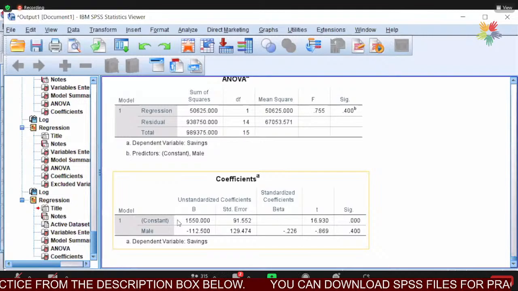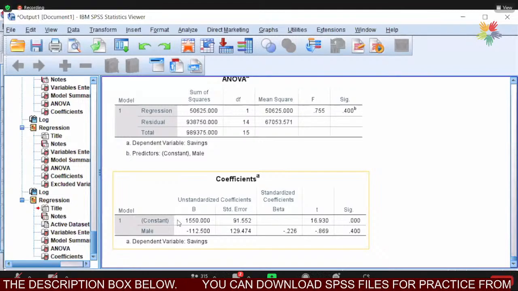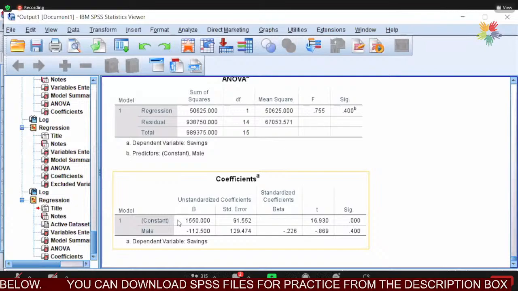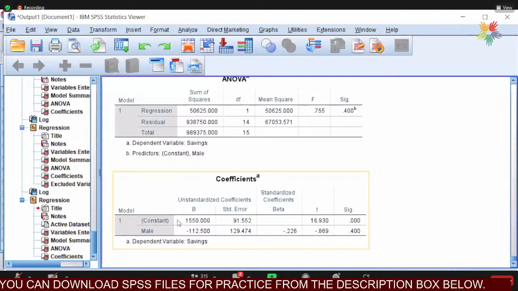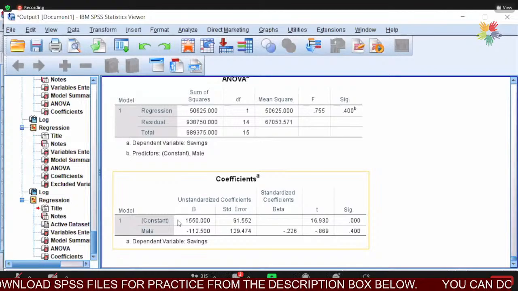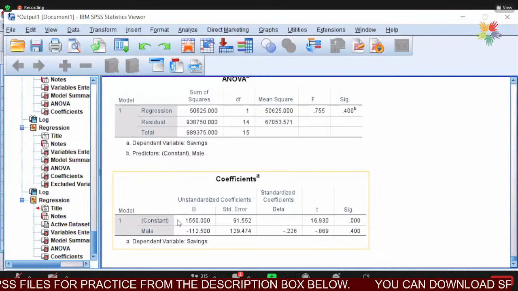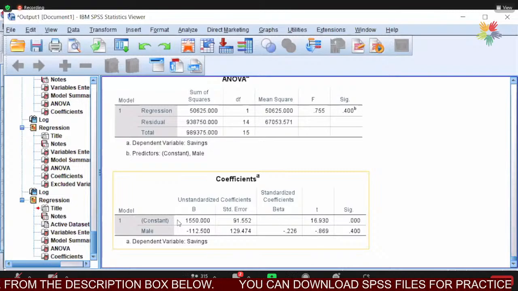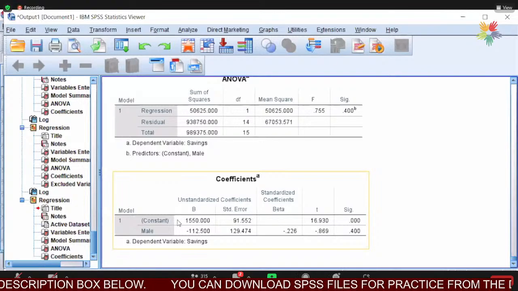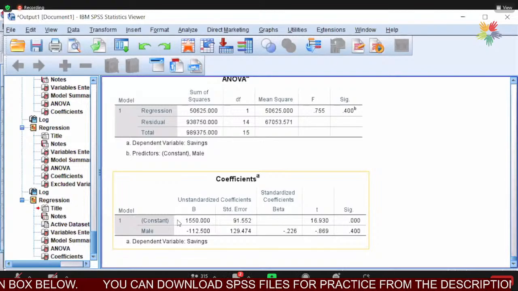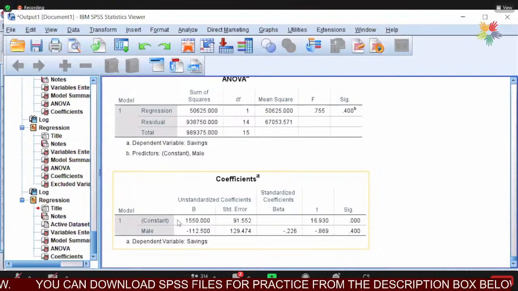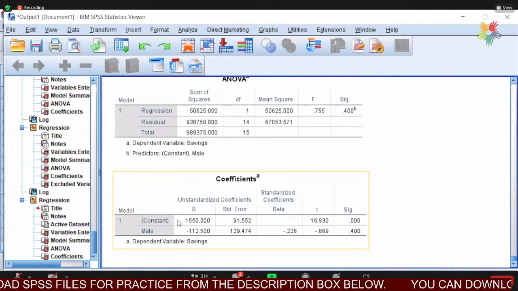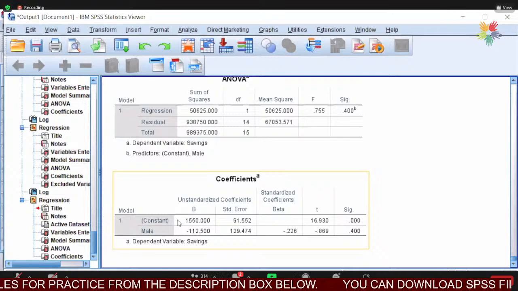So the A value captures the mean of the reference category. That is the first point. From this we can understand our reference category is female. The average saving of my reference category, female, is 1550.